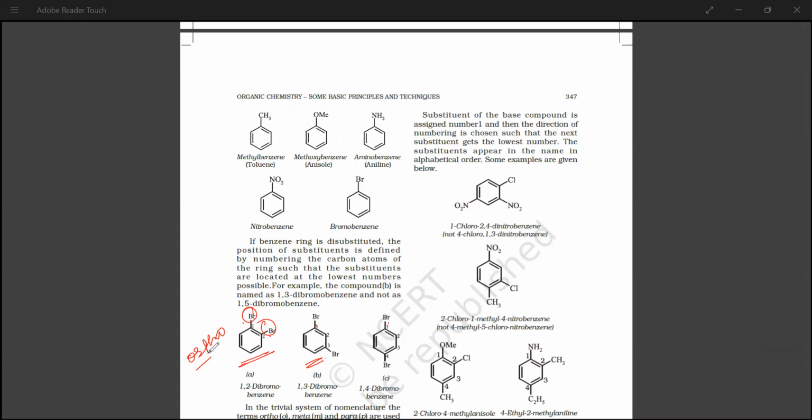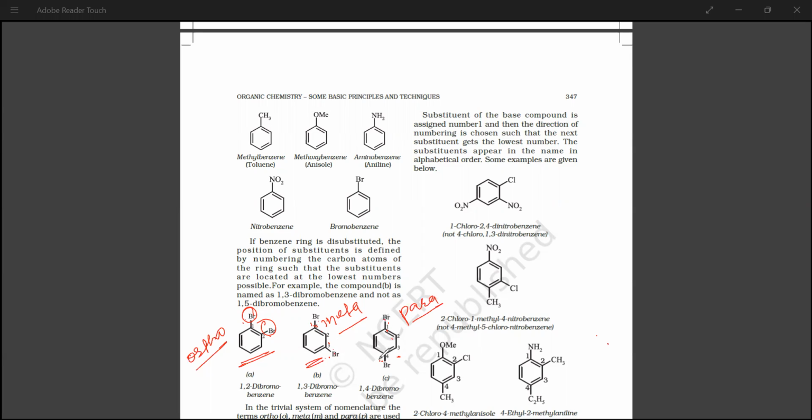But if two groups are there on the first and third carbon atom, that is on alternate position, one gap is there between them, then it is called meta. But if two gaps are there, on first and fourth two groups are there, then it will be known as para. So ortho, meta, para: 1,2, 1,3, and 1,4. This is what ortho, meta, para is.